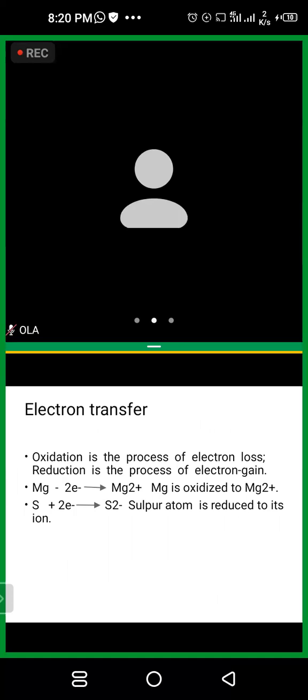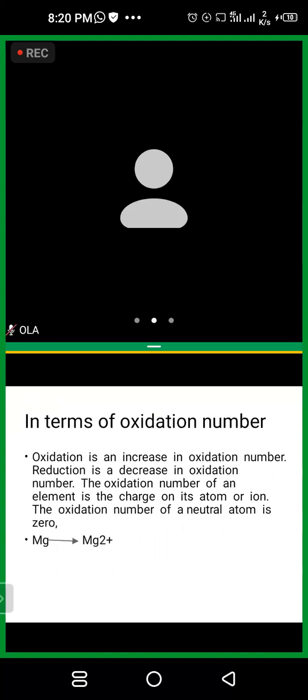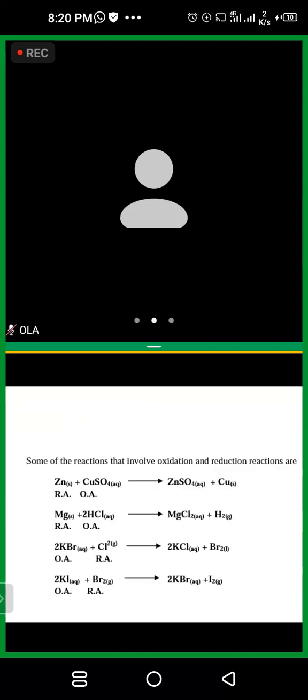When there's electron gain, that substance has been reduced. In the case of oxidation number, where there's an increase in oxidation number, that substance has been oxidized. Where there's a decrease in oxidation number, that substance has been reduced. Please, it's good we take note of all these definitions. They're very, very important. Now that moves us to some examples.